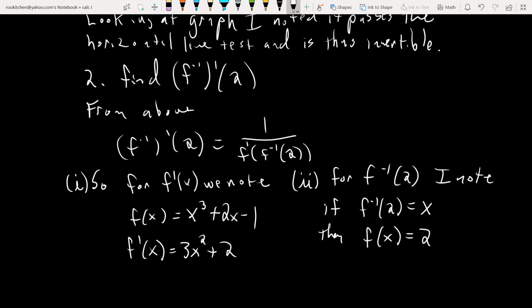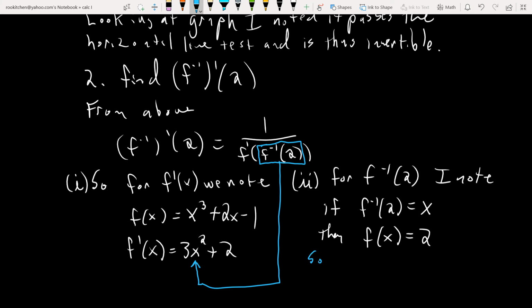We want to figure out what this x is, because we have to figure out what I'm boxing in blue in our formula. I need to figure out f inverse of 2 to plug it into f prime of x. How do I figure out f inverse of 2? Well, if f inverse of 2 equals x, then f of x equals 2, and then I can solve this equation.